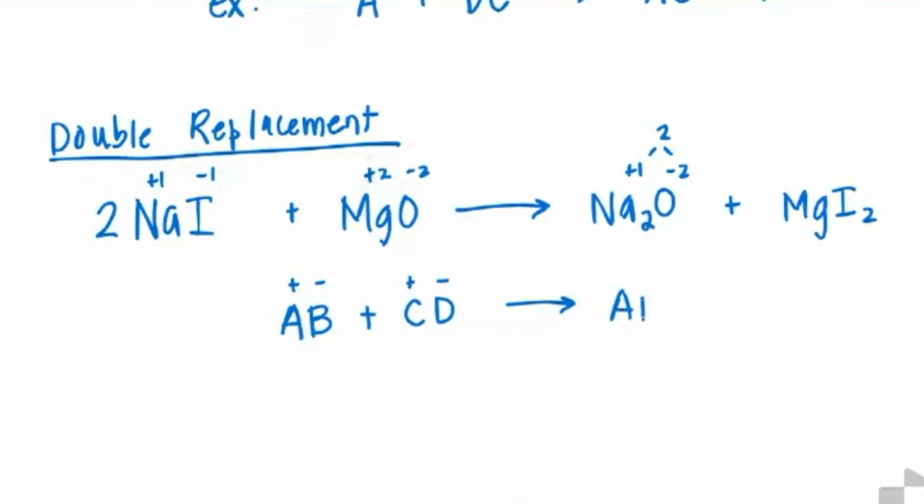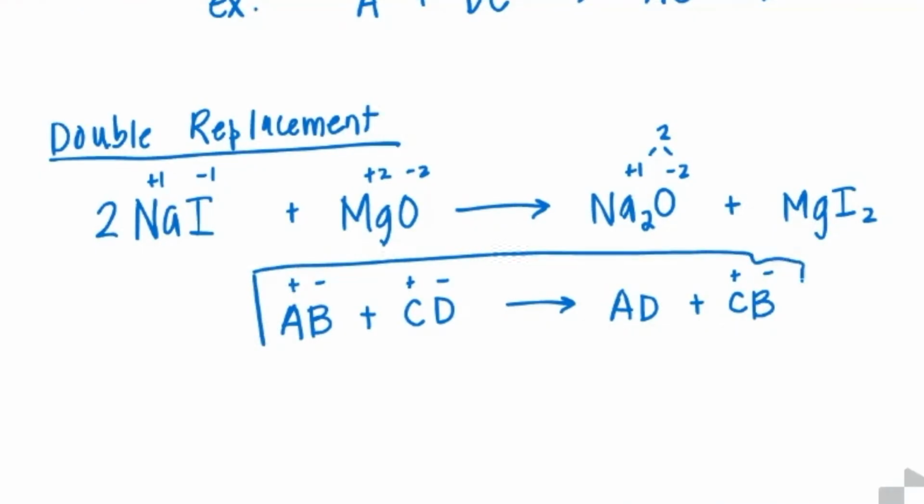So I'm going to have to pair A with D. It's my only option to make something new and make sure that new thing is stable. Also, going to have to pair C with B. Notice that I wrote C first because C is the positive, and the positive always comes first in a compound. This is the general reaction scheme that you will see for a double replacement reaction.